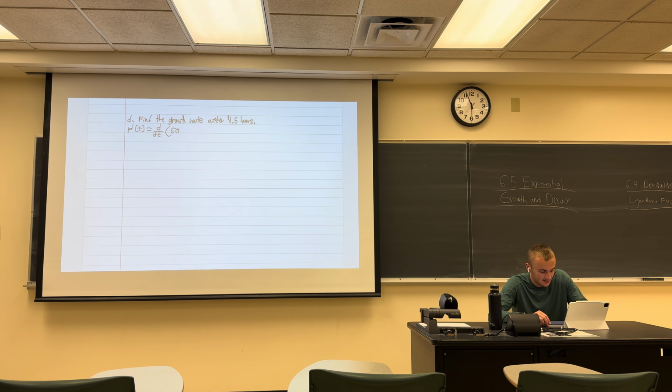So 50 e to the, I'm going to write the simplified form here, 3 halves ln of 2t. I know that's different than what we put in the formula, but that's simplified. So we'll put that, and then equals 50, and then d/dt e to the 3 halves ln of 2t.